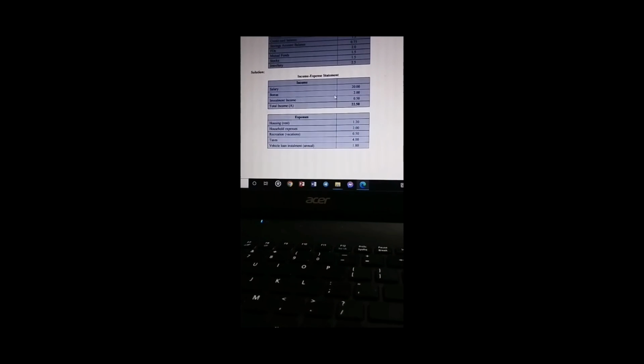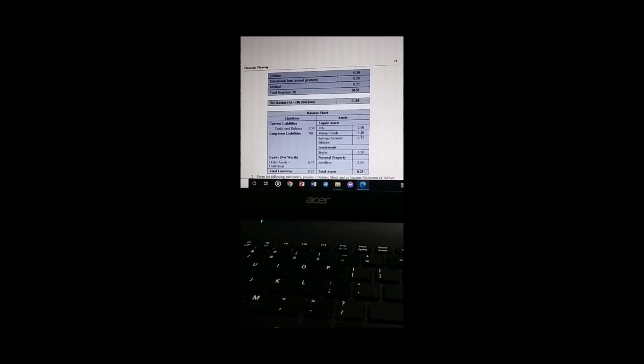Then, when we compute the net income, A minus B. A is 22.50, and B is 10.55. The total is 11.95.